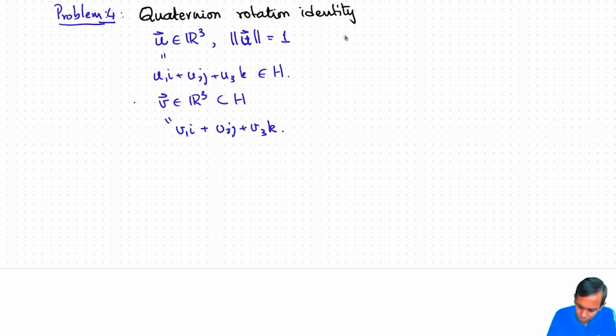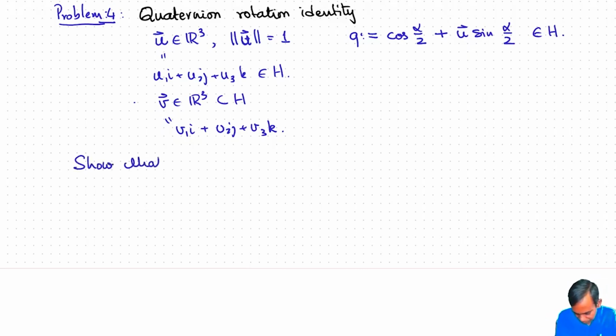Okay, so I'm going to think of vectors in R3 as imaginary quaternions, as I said before. And now let's take Q. I'll define it as cos of alpha by 2 times 1, of course, so this is the quaternion, plus u times sine of alpha by 2. So this is an element of H. Okay, so the problem is, show that the function v goes to Q v Q inverse.